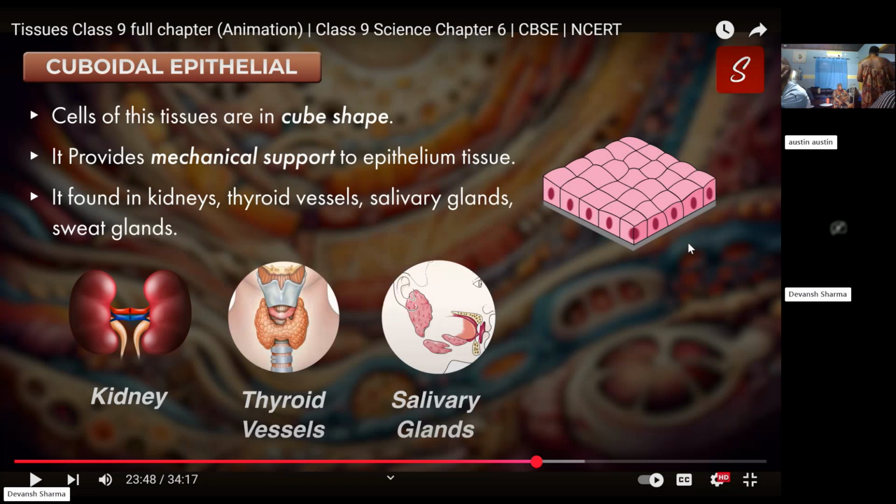Thyroid vessels, basically, thyroid is a gland which is present in our neck. Palestina, am I audible to you? I'm telling you that wherever you read the term vessels, it means tube-like structures.